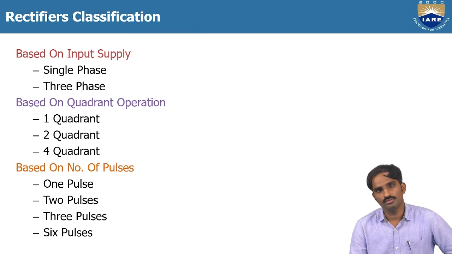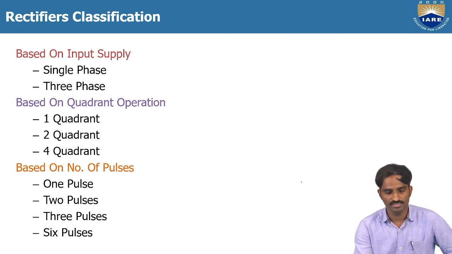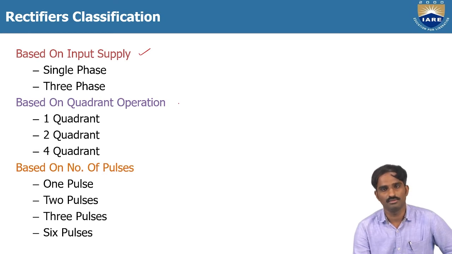We can also further classify these rectifiers. The first classification is based on the input supply, which means whether we are giving the input supply as single phase or three phase.